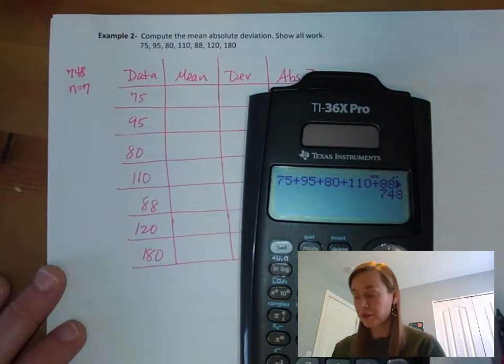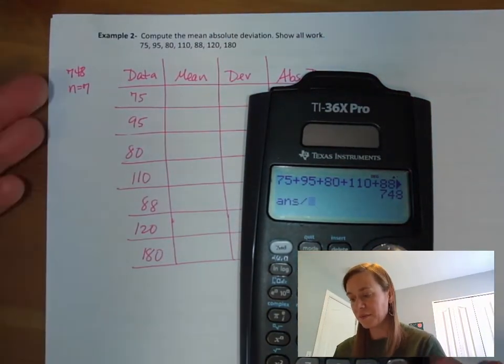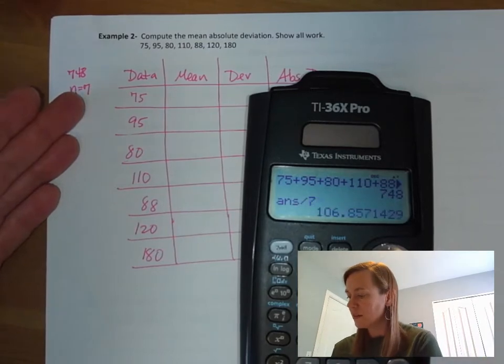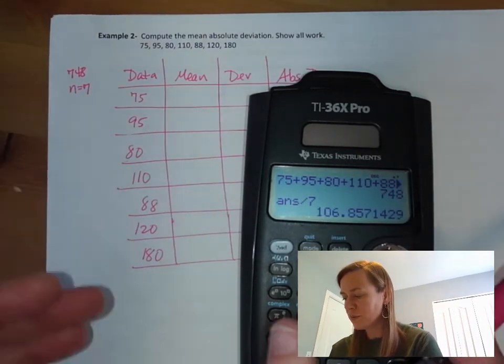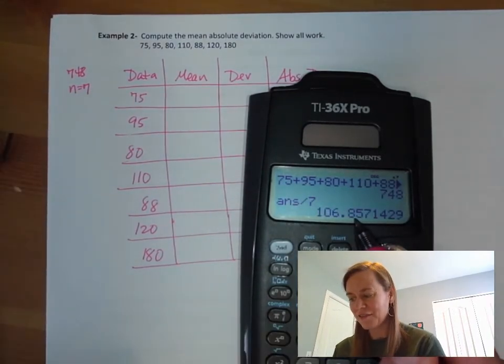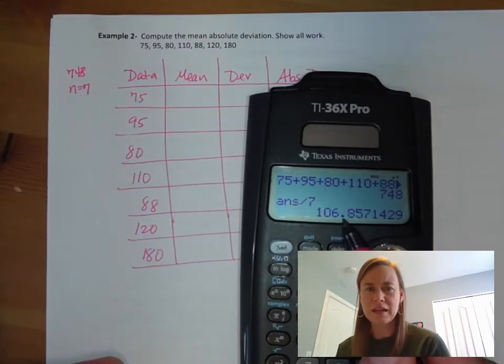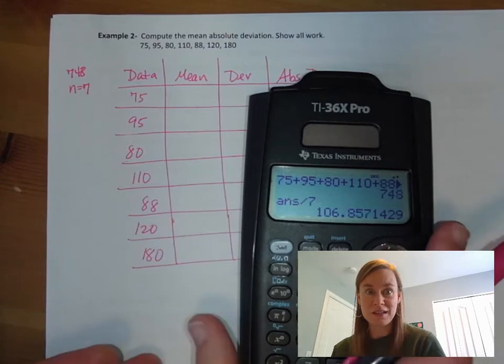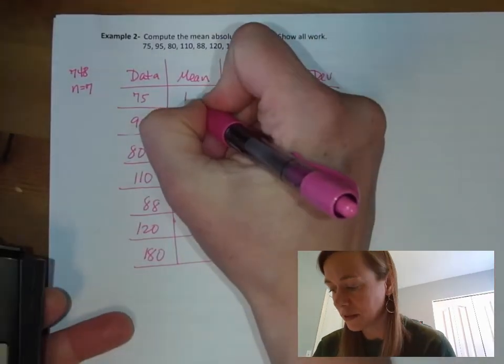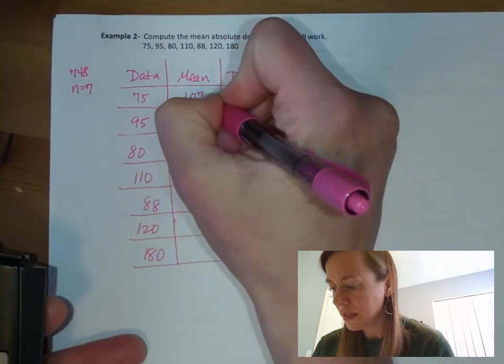So that's your total. You take your total and you divide it by n, which was 7, and you're going to get 106.8. It looks like it's 8.5, so we're going to round that up to 106.9. In fact, let's just make this nice on ourselves and say 107 because it doesn't really say what to round to. So 107 is our mean.